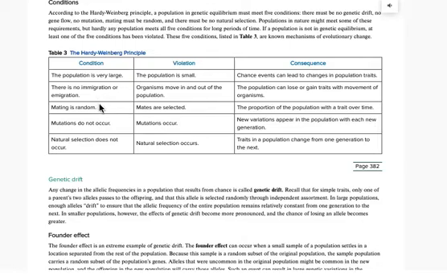You have to have totally random mating where there is no choice in your mate. Then you also have to have no mutations occurring, and no natural selection or factors that are causing some to live and some to die.